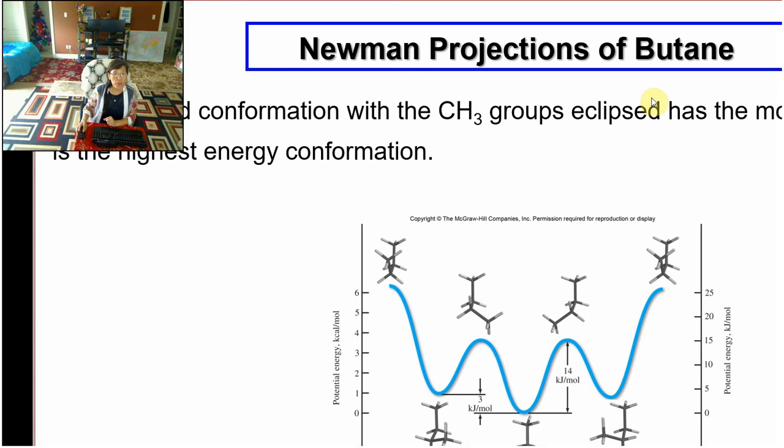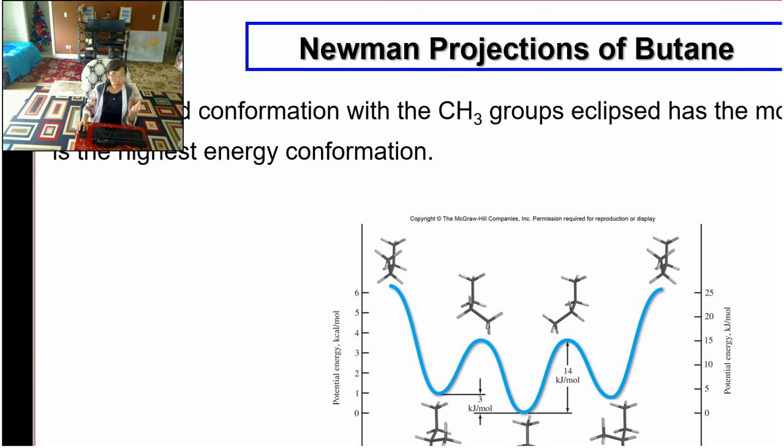For your butane, if you write down the Newman projection, let's say you have this eclipsed structure, you have this gauche structure, you also have the one we consider, and you can also consider their gauche. These two, the second group, have 60 degrees, the third group you have 120 degrees. In this case your torsional angle is 180.